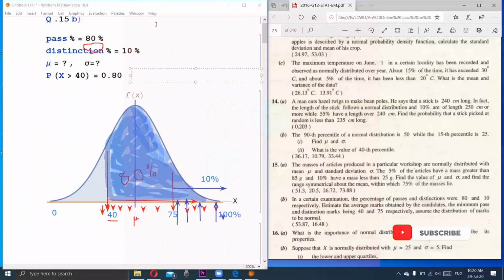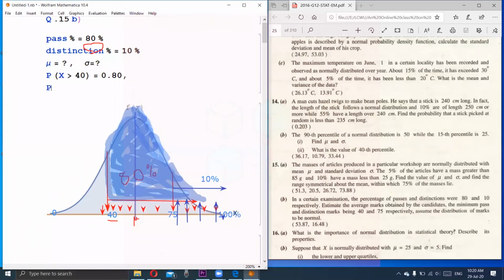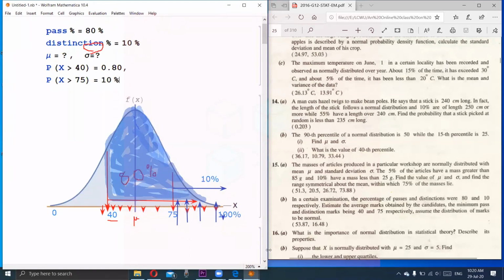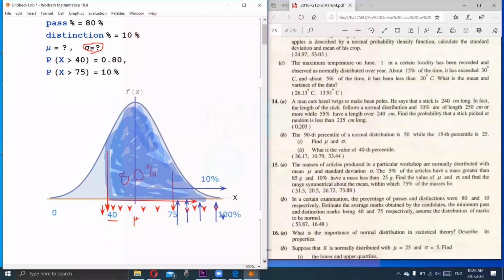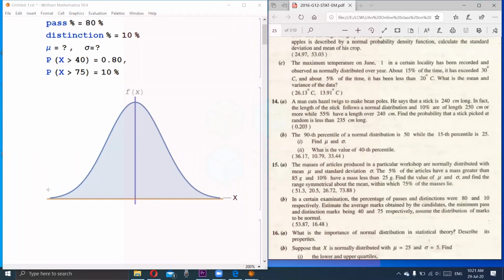We write the statement as x greater than 75 is equal to 0.10. So using these two equations, now you can solve these two equations simultaneously and get the values of parameters mu and sigma.